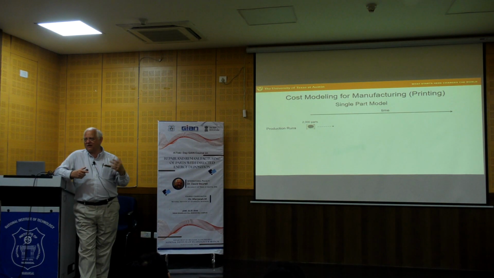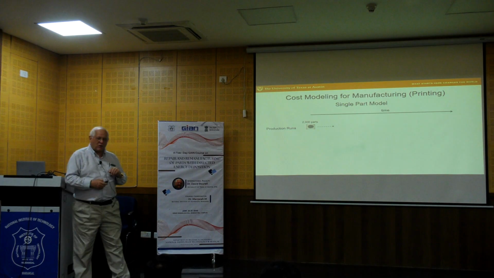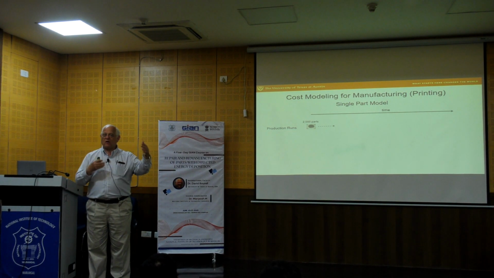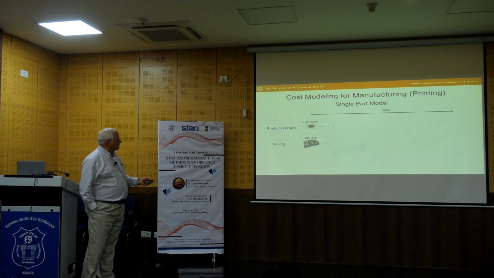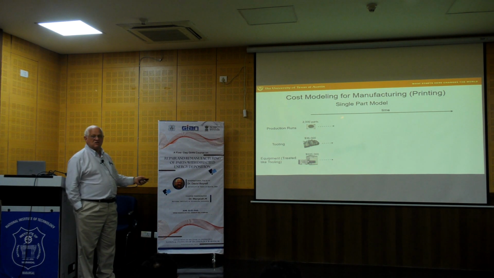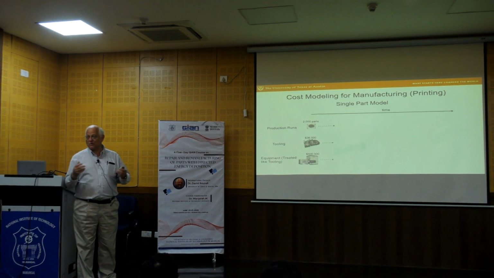And there's all kinds of variations of this, but what I'm working here is the extreme case of we're going to buy a machine, we're going to run our 2,000 parts, and then we're going to basically crash the machine. It's not going to be good for anything else. In that case, I might have tooling costs, but I also have to treat the equipment costs like tooling, because once I finish these 2,000 parts, I have no use for the machine, and I have no use for the tooling.